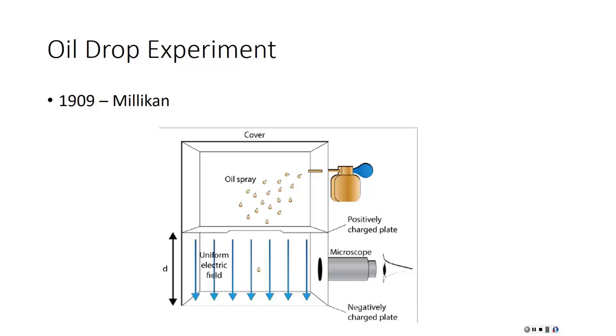So these oil droplets come in, and they have a negative charge on them because they've got extra electrons. So as it sits here, what's going to happen in relationship to the positive? Is it going to be pulled towards the positive or pushed away from it? Pulled towards it. So you're going to have a charge effect pulling it upwards.